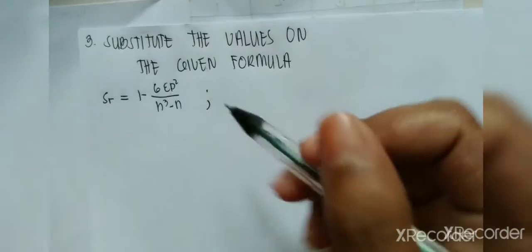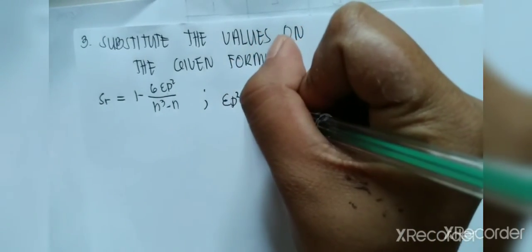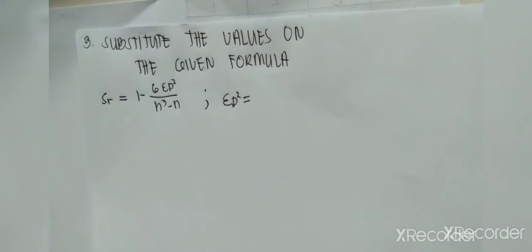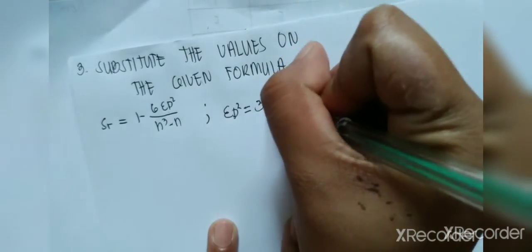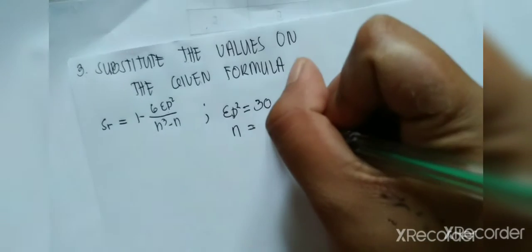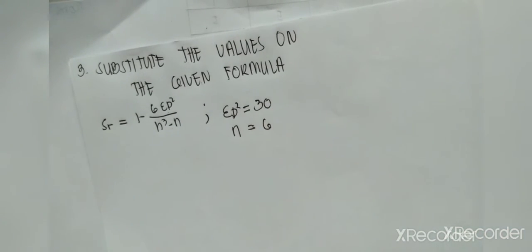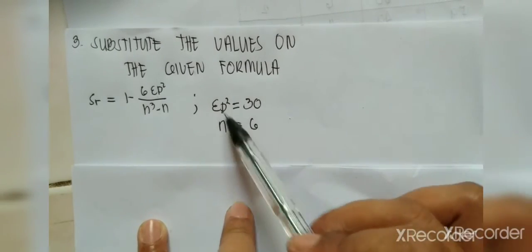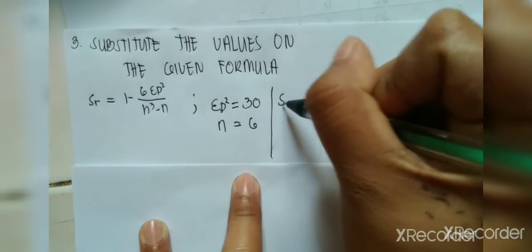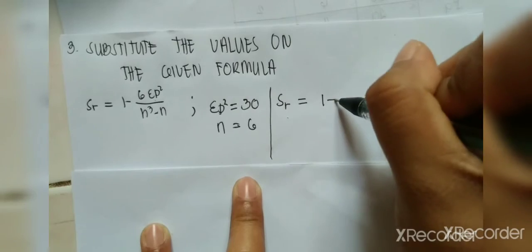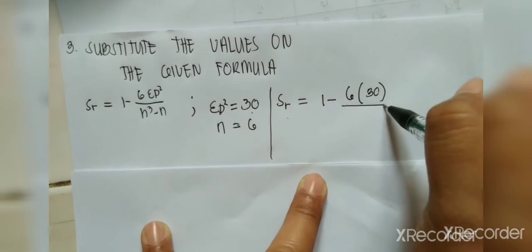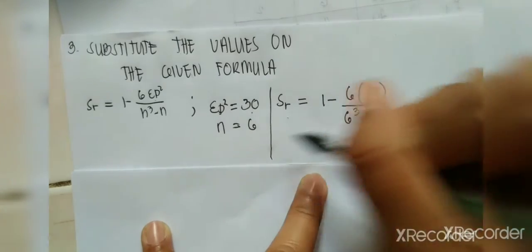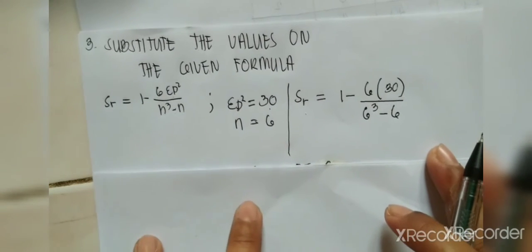The summation of d squared we found in step number 2 is 30, and the value of n is 6, the number of pairs. Substituting, we have r sub s is equal to 1 minus 6 times 30 over 6 cubed minus 6.